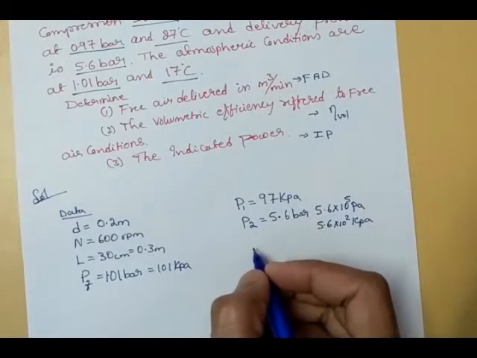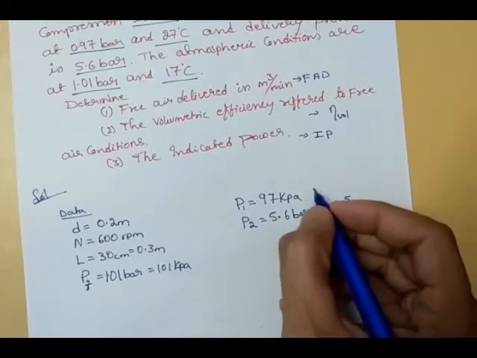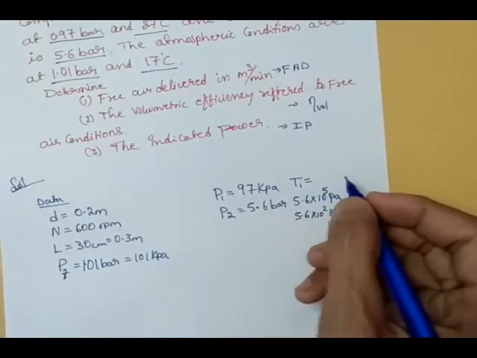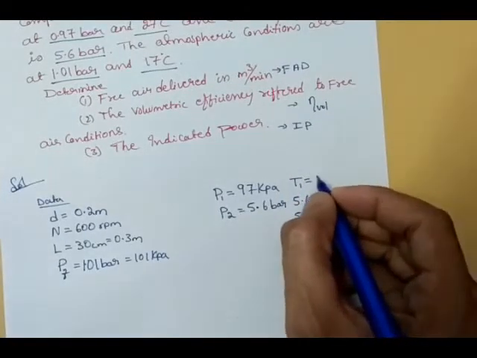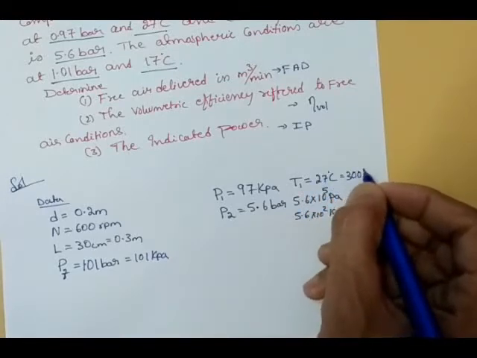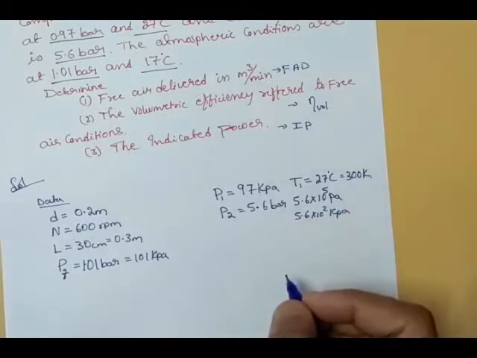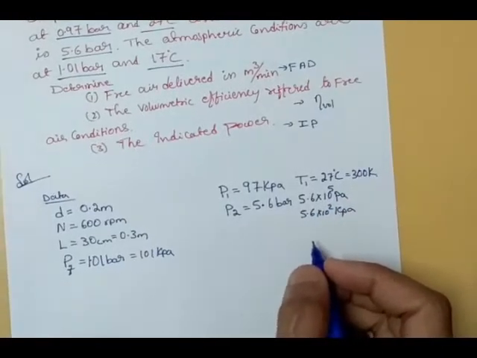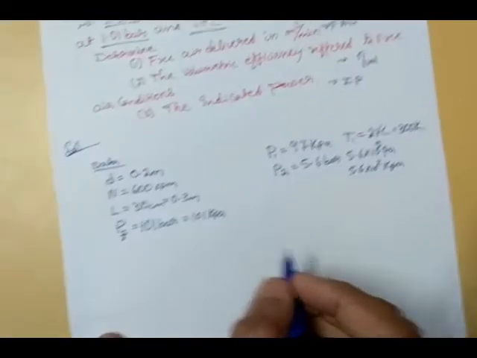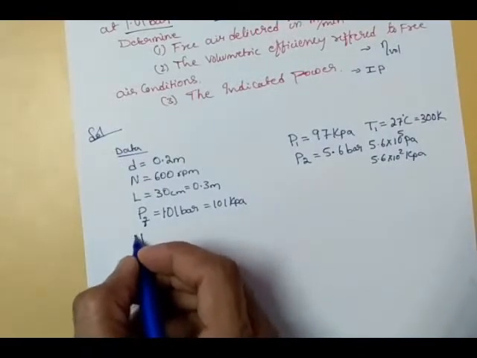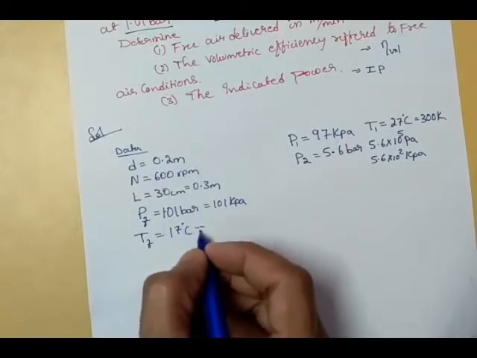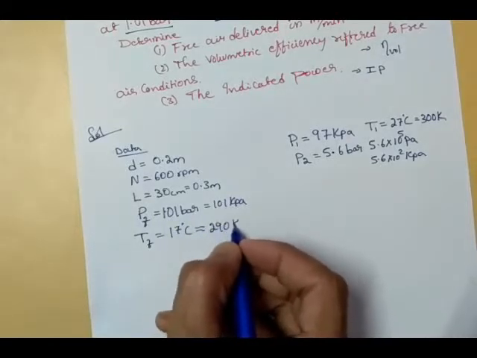Then we have temperature conditions corresponding to this inlet. T1 they have given as 27 degrees C, that is equal to 300 Kelvin, and temperature at outlet is not given, but temperature is given at atmospheric condition, that is atmospheric temperature is 17 degrees centigrade, that is 290 Kelvin.